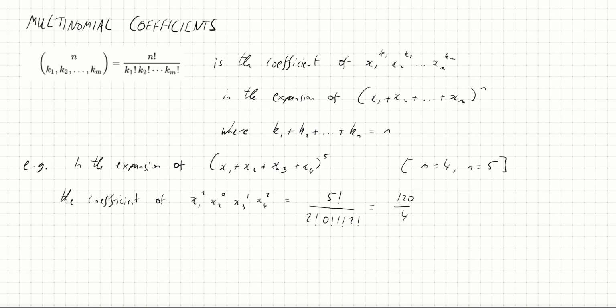This is 4 at the bottom. This is equal to 30. So obviously, this is a lot quicker than just doing that long expansion.